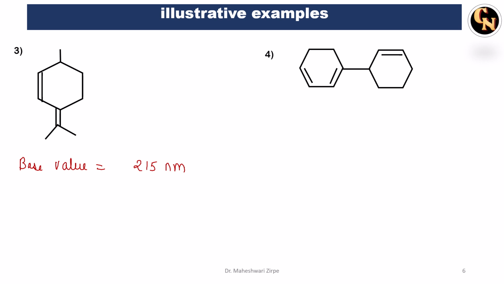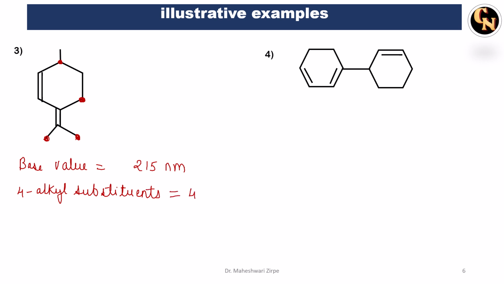Then what else? We are going to write the substituents. How many substituents are there? Let us see. This is one. Olefinic substituents we have to calculate. This is second, third and fourth. So there are 4 alkyl substituents.